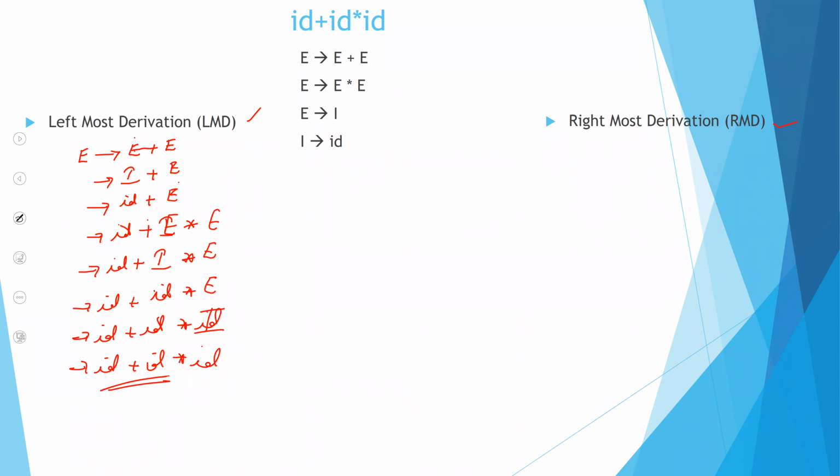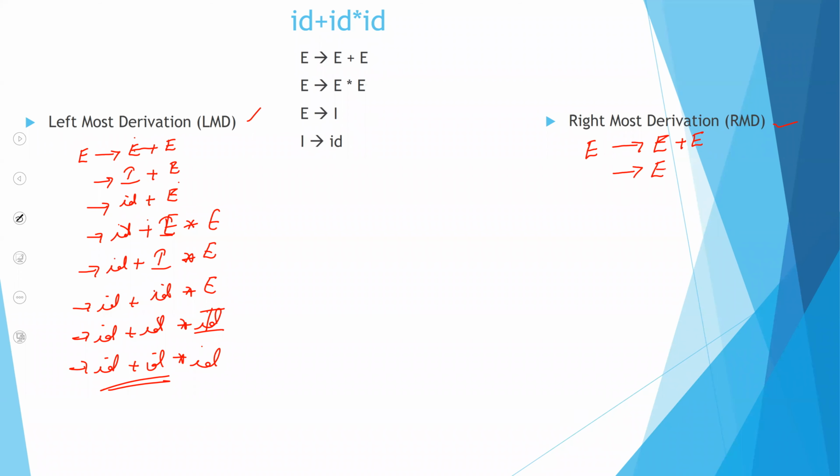Now let's see the difference between leftmost derivation and rightmost derivation. Rightmost also you will start with the start symbol, E equal to E plus E. Instead of moving from the left, go from the right. Take the variable which is not yet changed into a terminal.